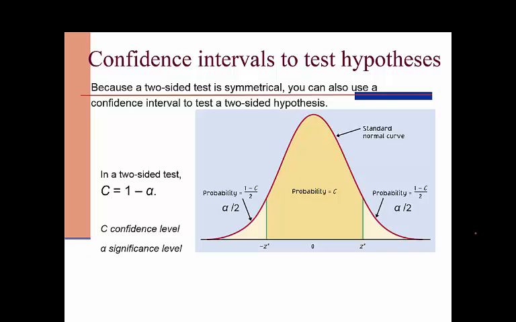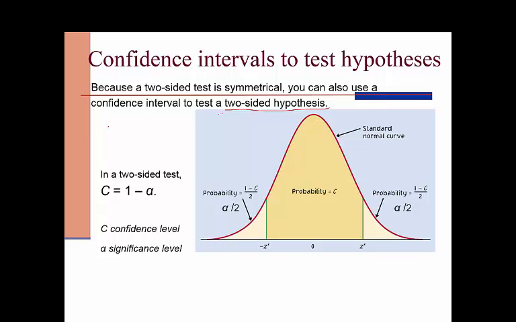Now, there's a third way of also getting to a similar conclusion, and that only works if the test is two-sided. When the test is two-sided, you can also do a hypothesis test using a confidence interval.